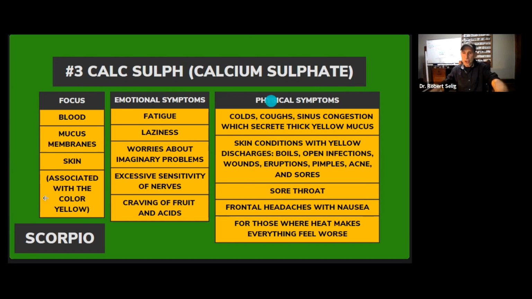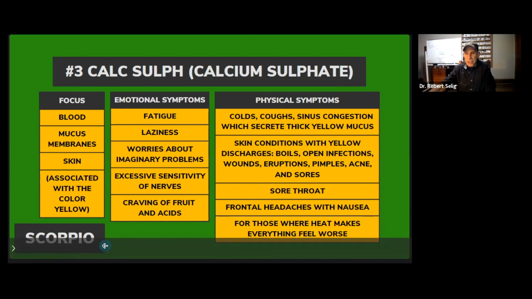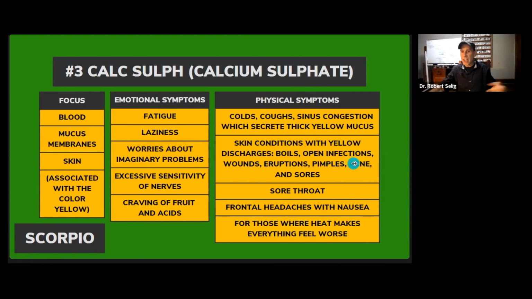And being a Scorpio, it rules down in the genitals. We may see yellow discharges coming out through urethral or vaginal discharges. So this remedy is great for skin conditions with yellow discharges: open infections, ulcerations, eruptions, pimples, acne, and sores.